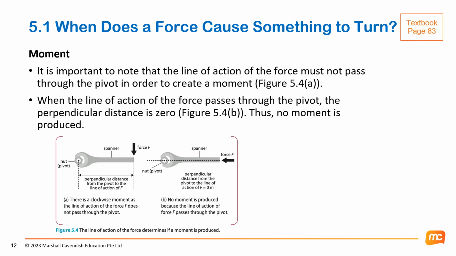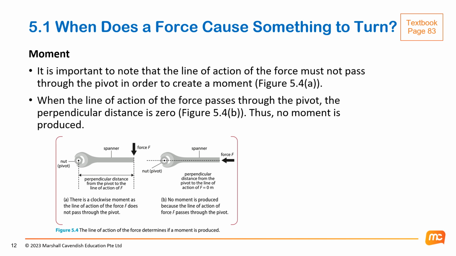So moving on, the line of action. If we think about the line of action of a force, we are basically just extending the direction of the force. If we have a vector diagram, we are basically just extending the force and finding the distance between the pivot and this line.